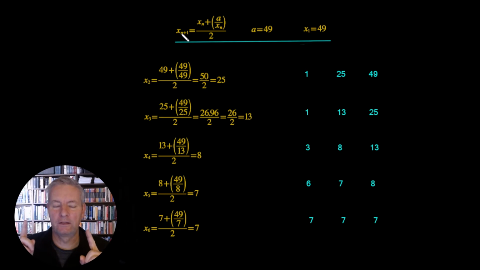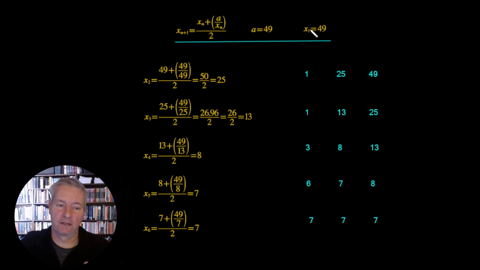So we know that the correct number is between 1 and 49, so we have to take a guess between that. What we are going to do for our algorithm is just take the first guess as the actual number a. So our first guess is going to be the number 49.